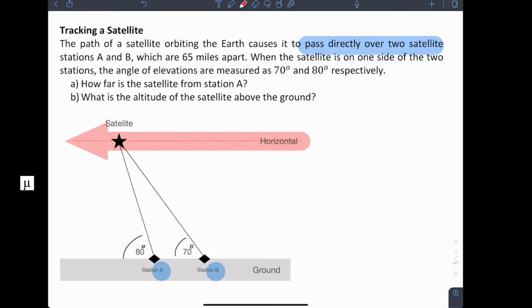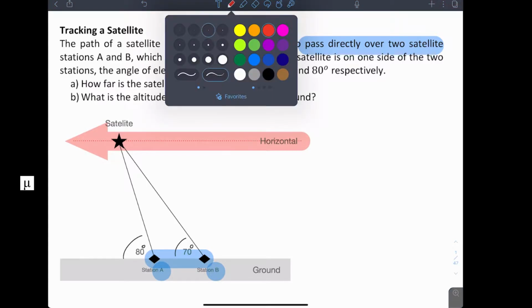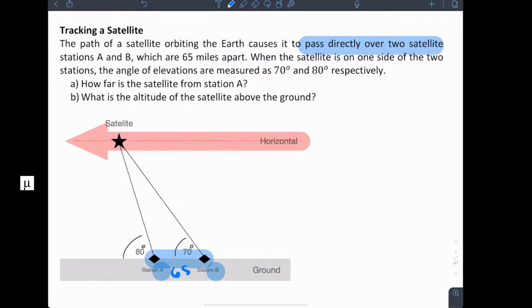And then they're saying how far apart are they? This distance is 65 miles. Now, when they say the satellite is on one side of the two stations, it's simply to the left of both of these.